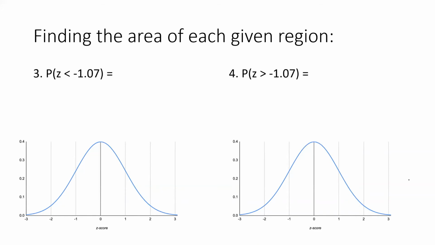Okay. So let's say our P is where the Z is less than negative 1.07. We're going to look up the Z value based on the Z table.